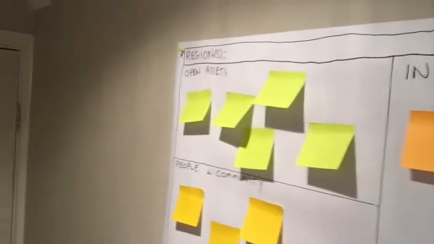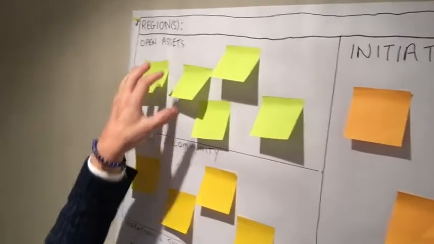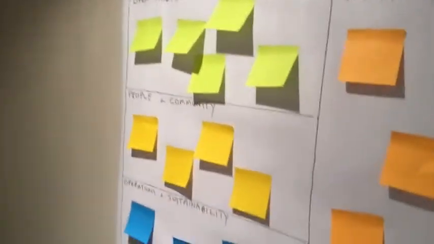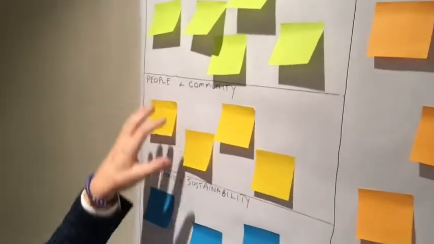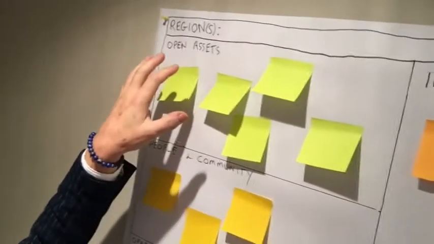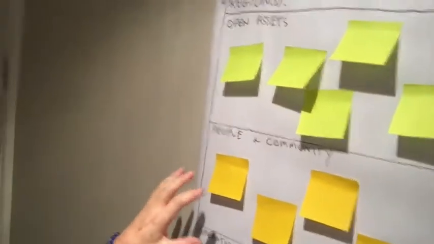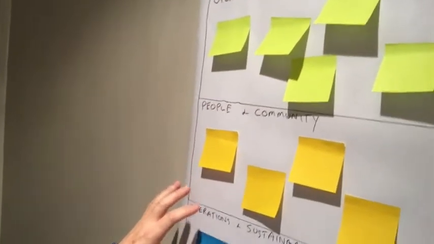So on the left, we start with who are the regions that are going to work together. And again, it's similar to day one in that we start with what is it that we have to start with? What is it we can use as the basis for a collaboration? What assets do we have? So the color coding is similar to day one, green for open assets. Who are the people in community involved? That's yellow.